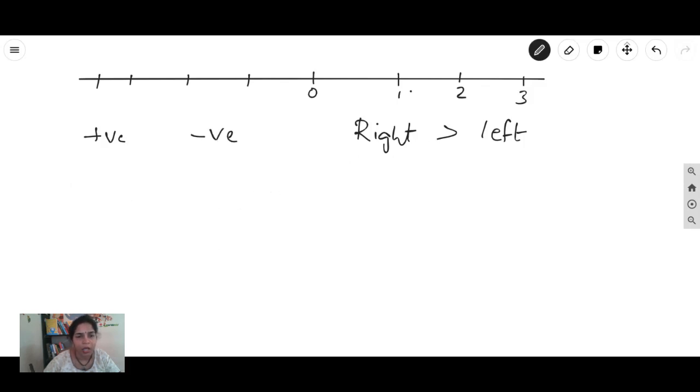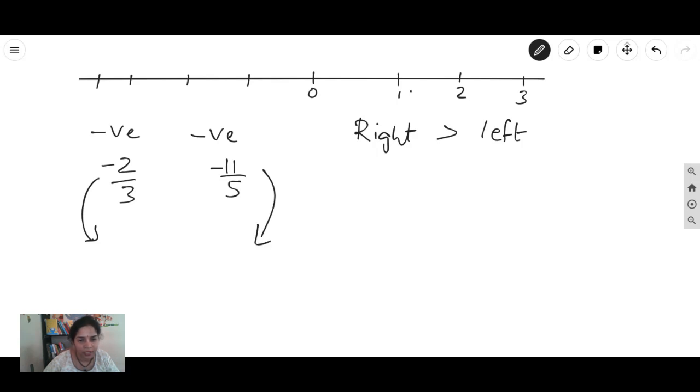Now, let's take a negative and a negative rational number. What happens? Let's take again negative 2 over 3 and negative 11 over 5. Same kind of thing. Both are negative. Now, how do we compare these? Again, because the denominators are different, we convert them to a common denominator, correct?